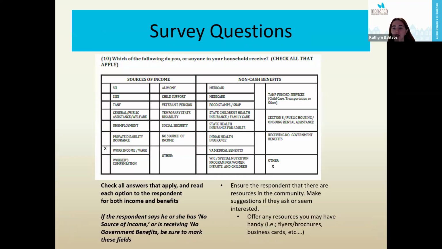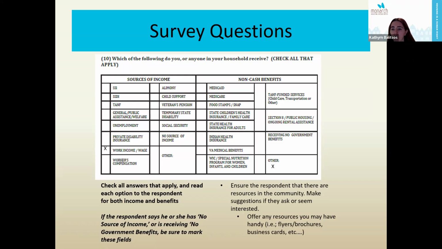Okay, so now we're moving along on the survey. This is a mandatory question asking which of the following do you or anyone in your household receive. There are non-cash benefits as well as sources of income.